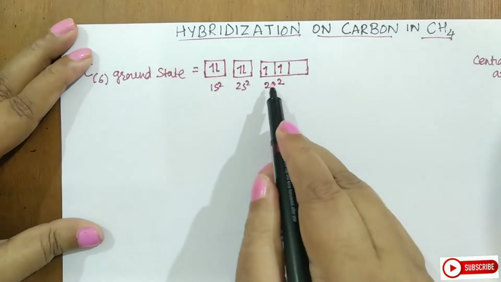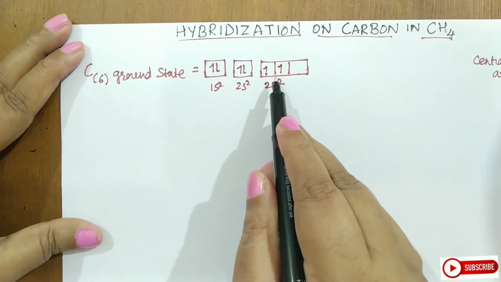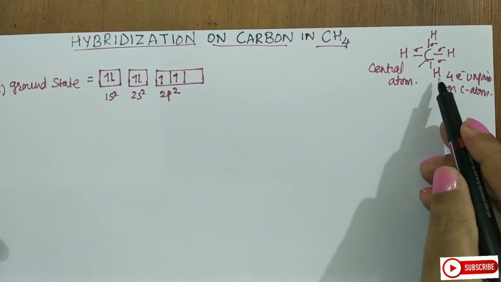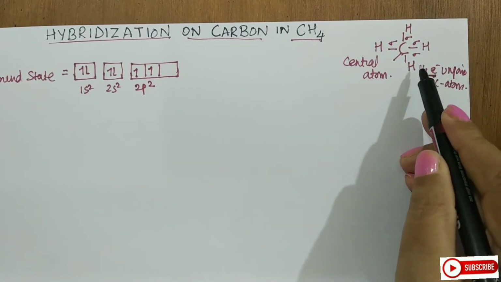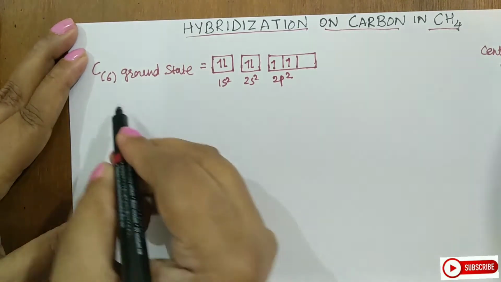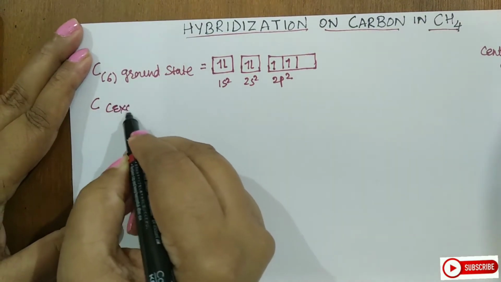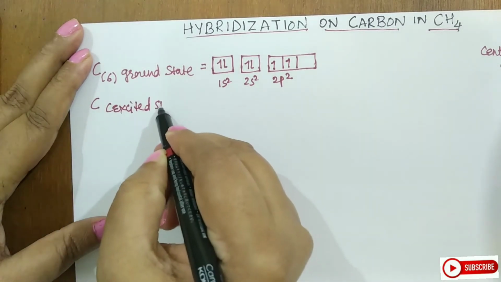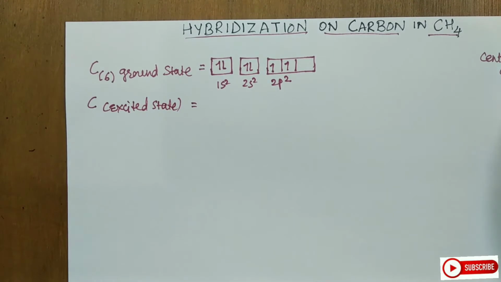Now students, if I see this, there are only 2 unpaired electrons in the valence shell. But if I see the structure of methane, I need 4 unpaired electrons on carbon. And therefore, I need to carry out the excited state. So, carbon in its excited state. What is the meaning of excited state, student?